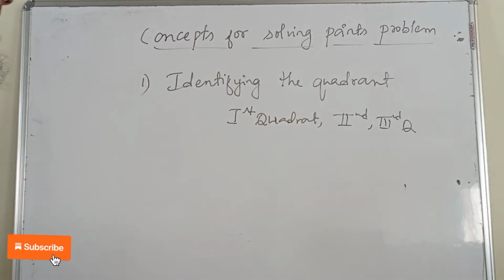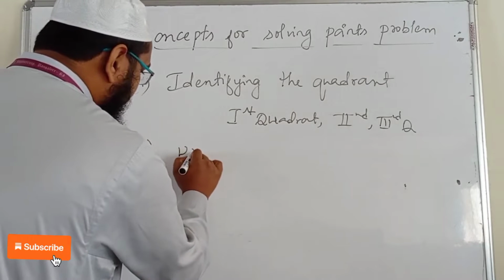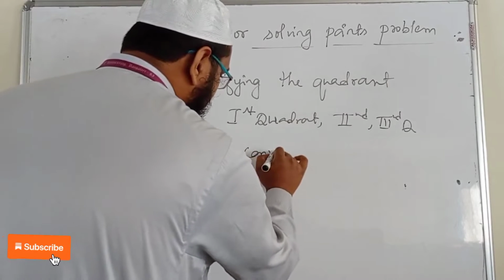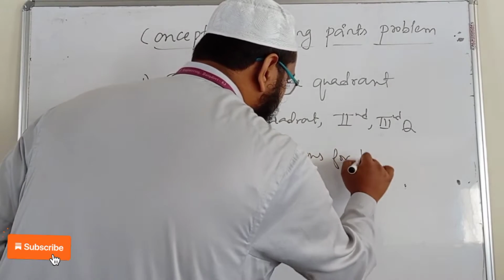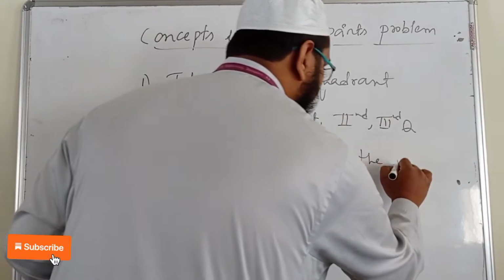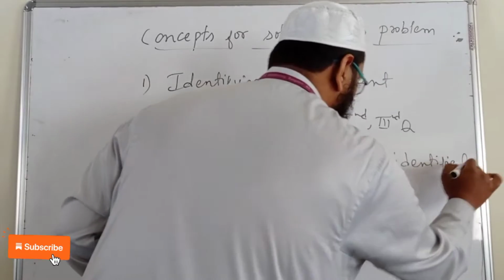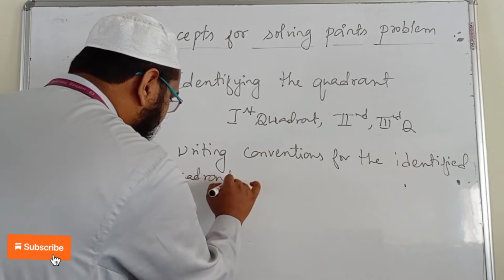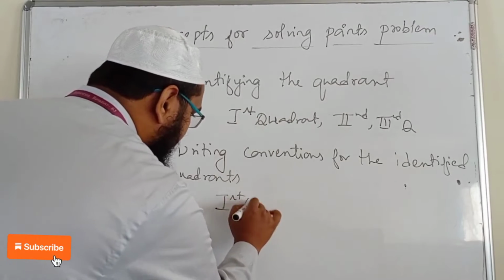Now the second concept is writing the conventions for the identified quadrant. Say we have identified it is the first quadrant.